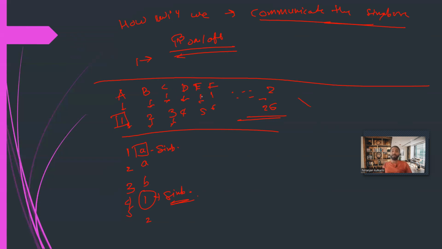If tomorrow I decide I don't want to represent one as one, I want to represent it by a figure, whatever I'm drawing, I'll just convert it into a cat.